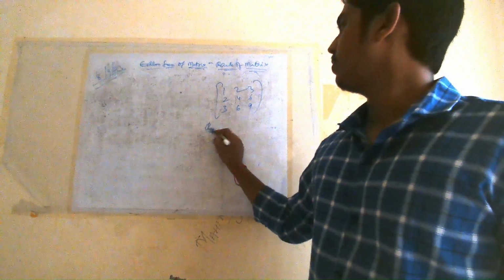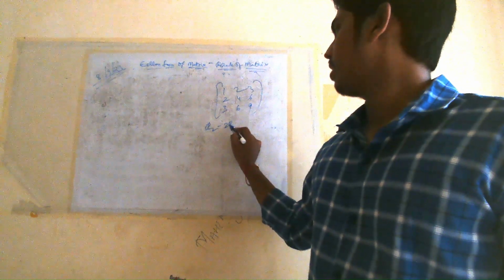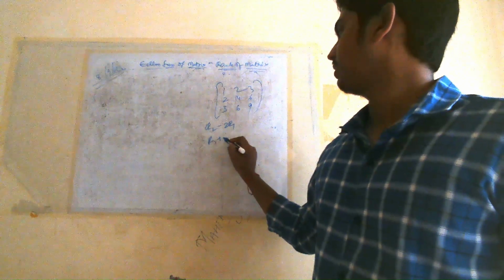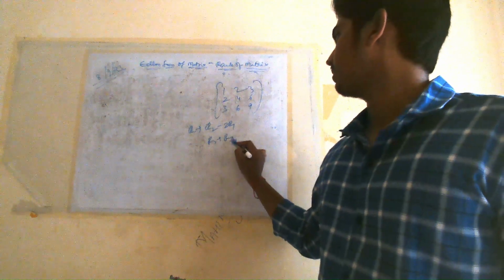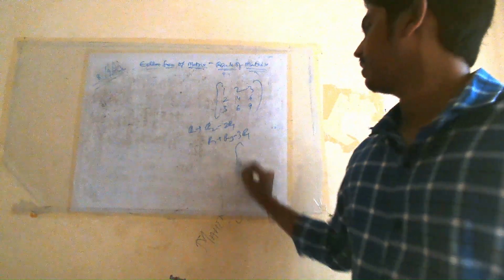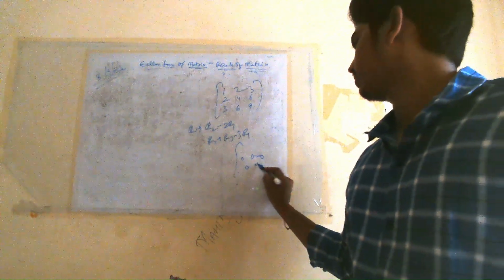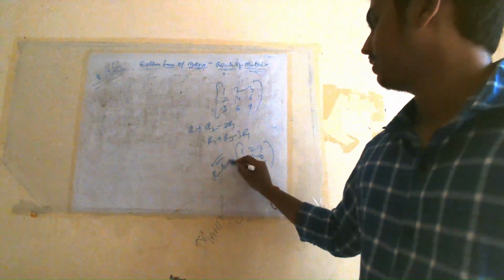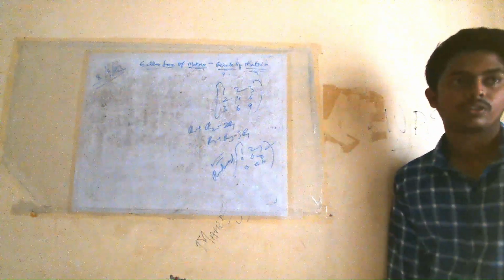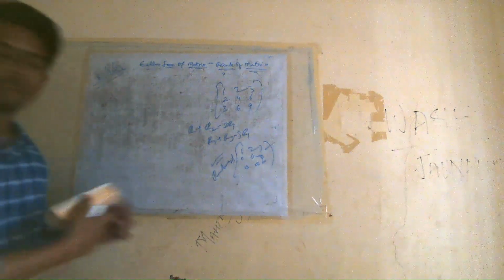Now you can do R2 implies R2 minus 2R1, R3 implies R3 minus 3R1. So you will get 0, 0, 0, 0, 0, 0. You will get 1, 2, 3. So here it is rank 1 directly. Only one non-zero row. So such kind of examples are very pretty easy. You can always find them.